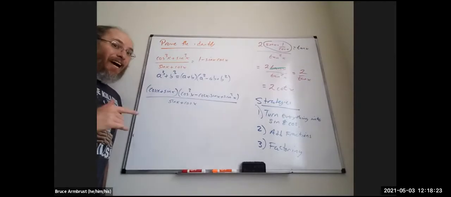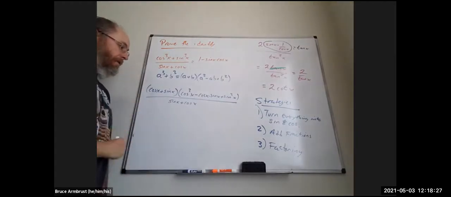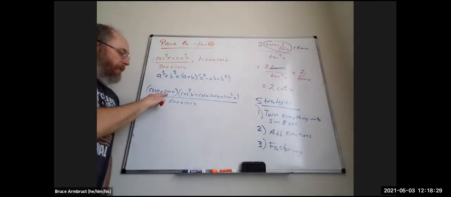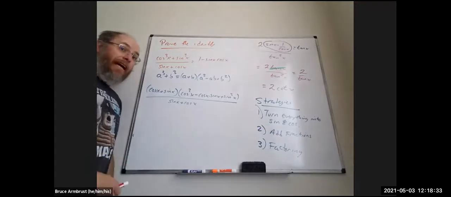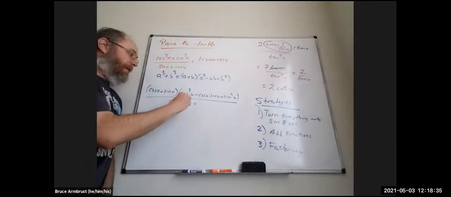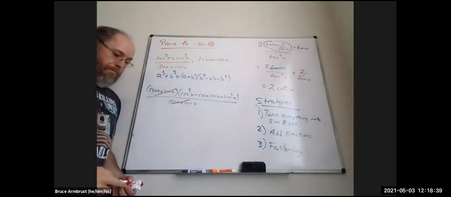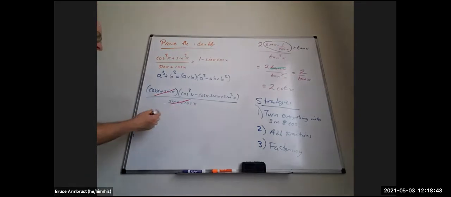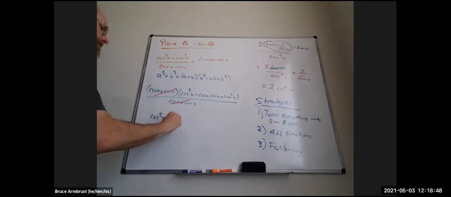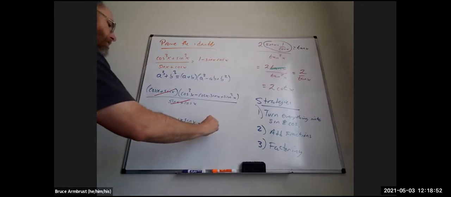Okay, but now we can start simplifying a little bit. I've got a cosine plus sine and a cosine plus sine on the bottom, and those are factors. So those are going to cancel each other out. So we're left with just cosine squared minus cosine sine plus sine squared.